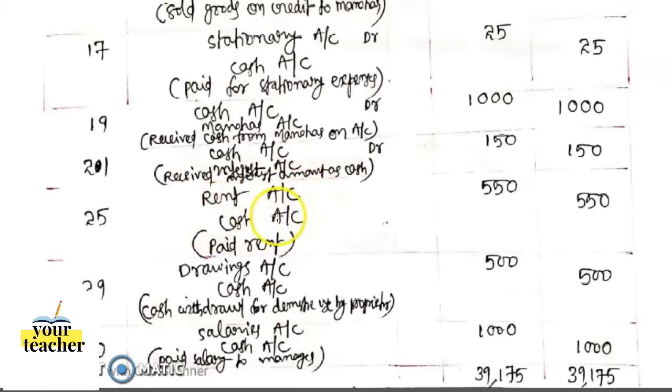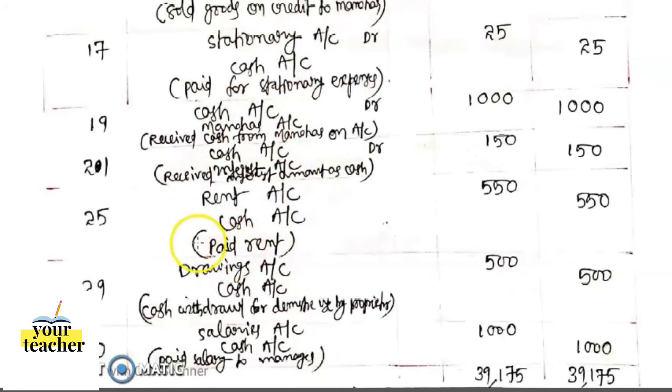Here rent is an expense, so the rent account you need to write on the debit side. Rent account DR, it is 550 on the debit side, and the cash account will be on the credit side. You can write the description as rent paid, or paid rent. And on 29th, Ajay has withdrawn cash rupees 500 for his personal use.